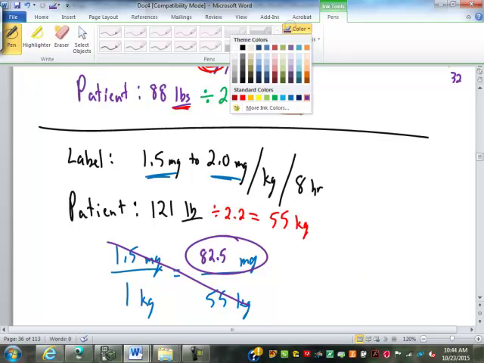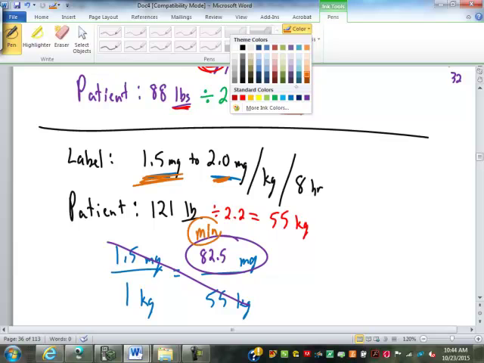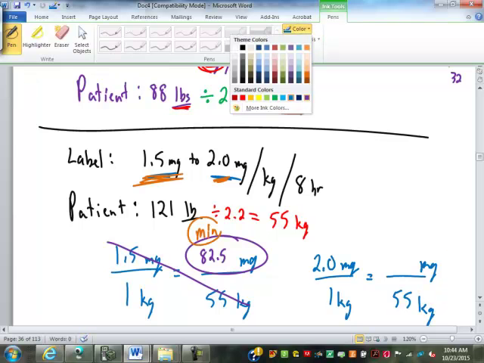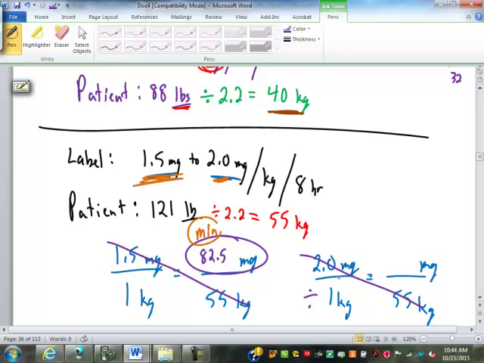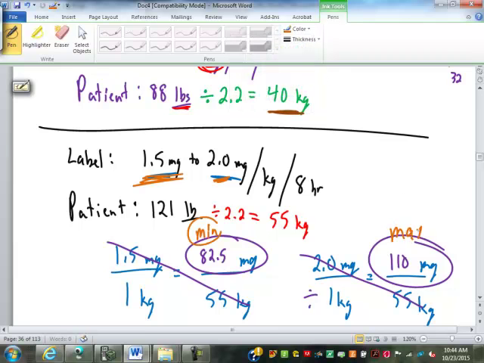Okay, perfect. So that is the minimum dose, because we're using the smaller of the two numbers. Now using the larger of the two numbers, let's find the recommended maximum dose. So 2.0 milligrams per 1 kilogram would be how many milligrams for our 55 kilogram patient again? There we go. Cross multiply and divide, and you do get 110. That would be the maximum dose.